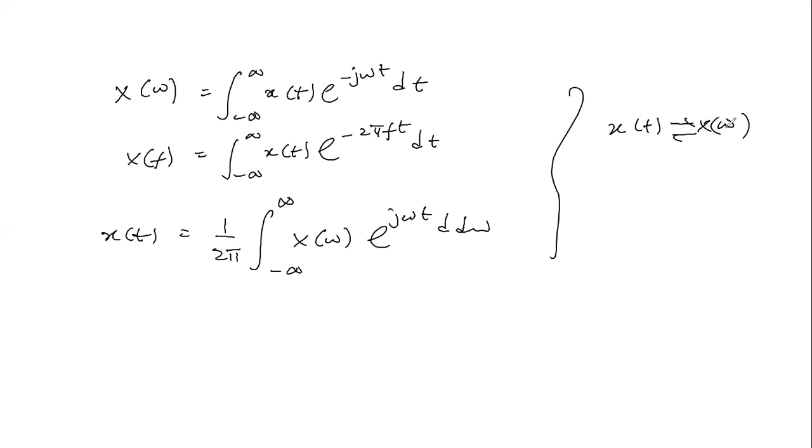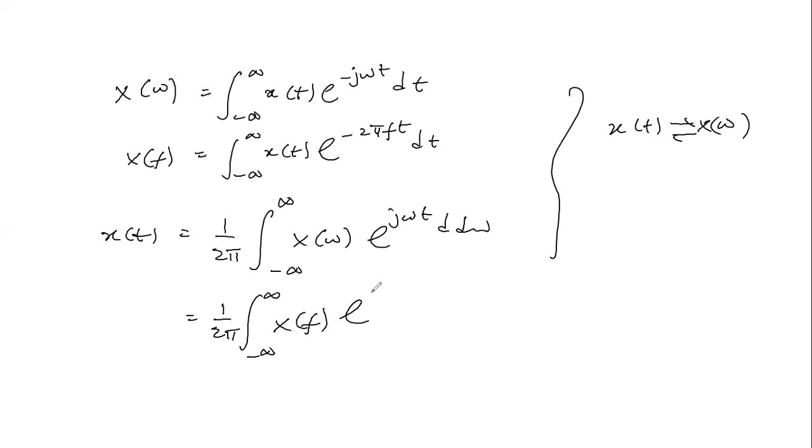In the same vein, if we have to represent this in terms of the frequency and not the angular frequency, something will change. Now you see that we have 1 over 2 pi times the integral from negative infinity to positive infinity. So here we have S(f), for instance.